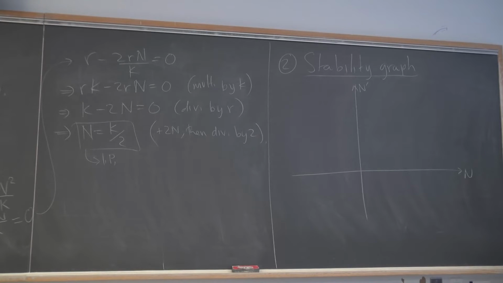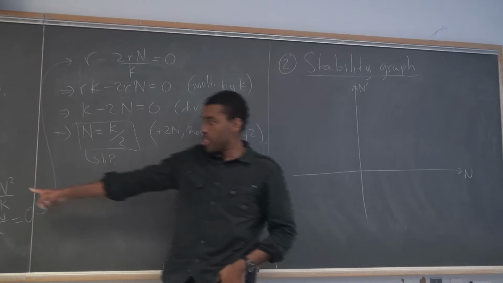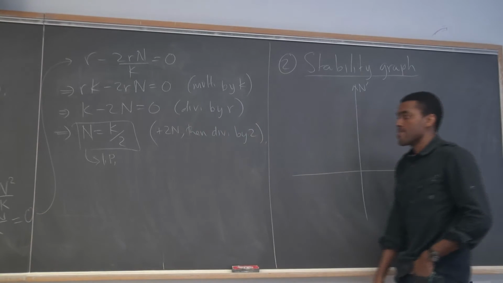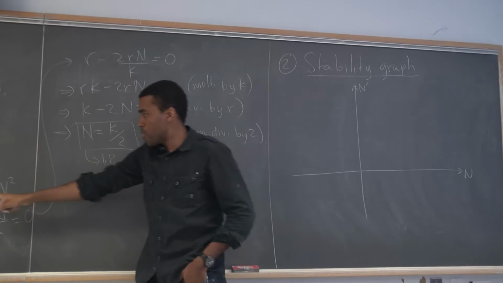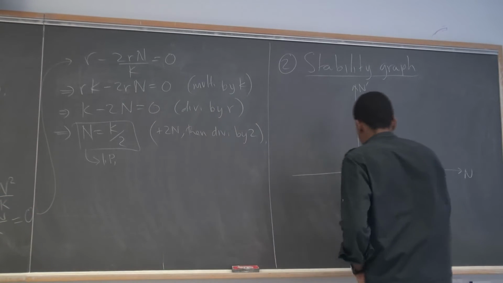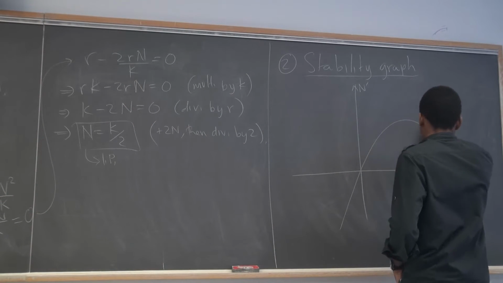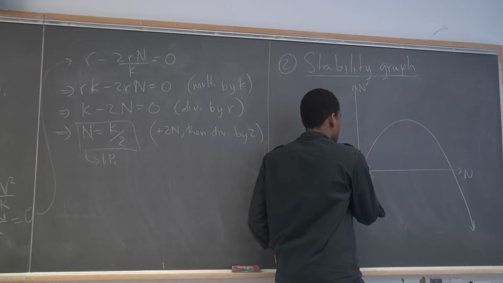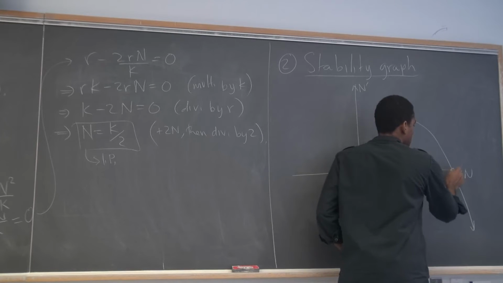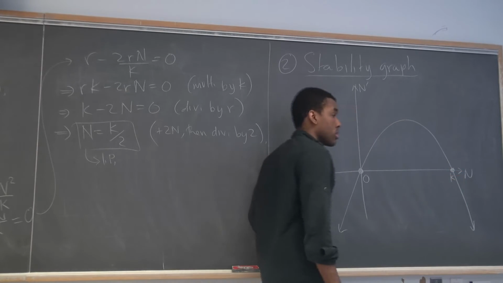It's a parabola, right? It's an n squared graph, so it's a parabola. Like a smiley face parabola? No, because the squared term is negative, so it's an upside down parabola. This is the steady state, which is at 0. This is the steady state, which is at k.